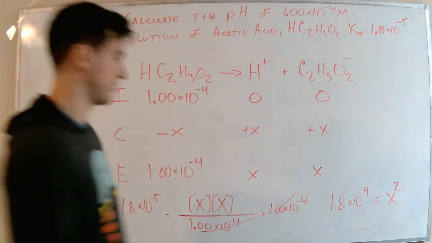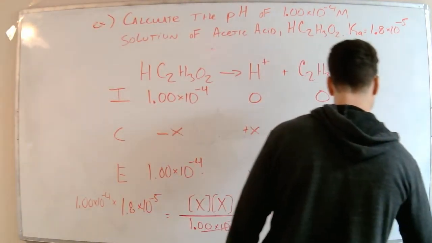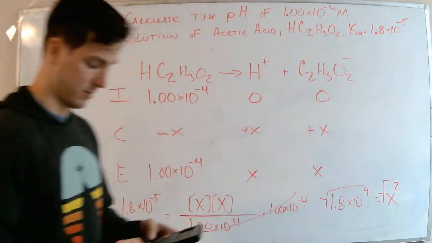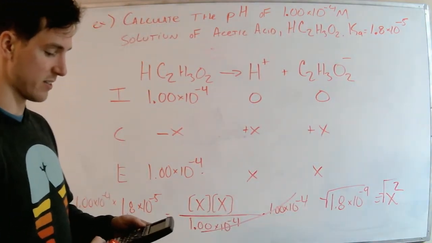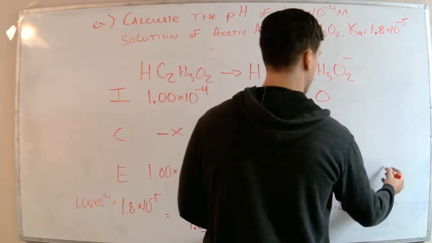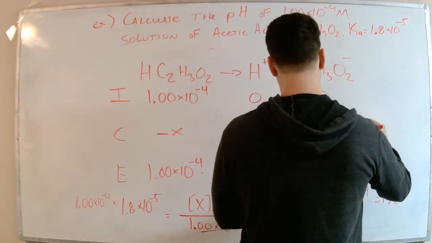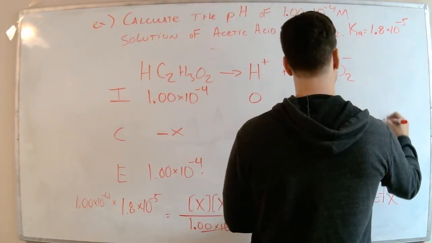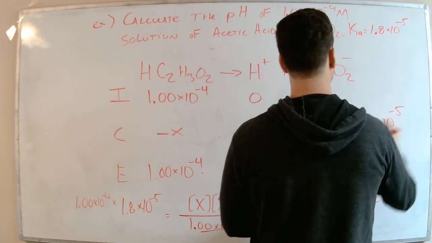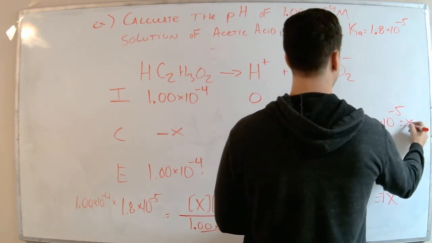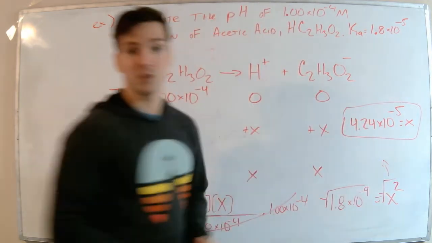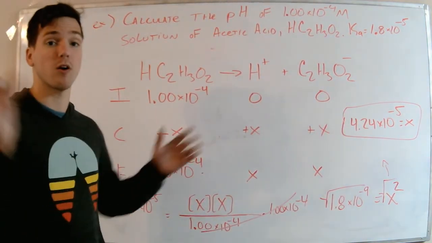I go ahead and square root both sides to get x. And my x is going to equal 4.24 times 10 to the -5th. So that is my x, which is important, right? Because remember our overall goal.